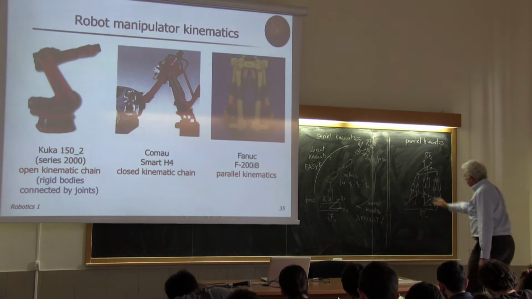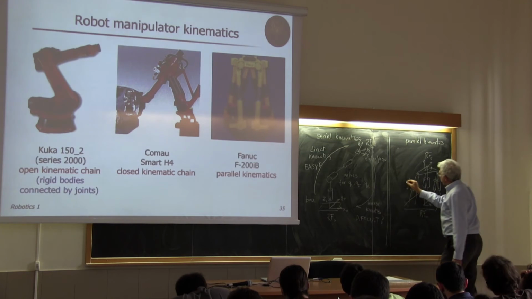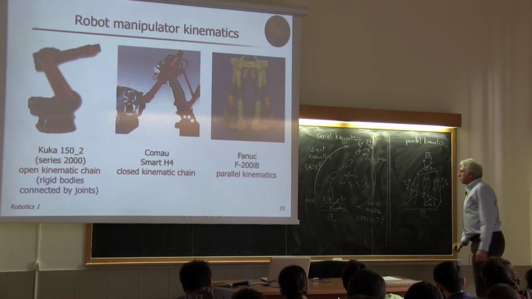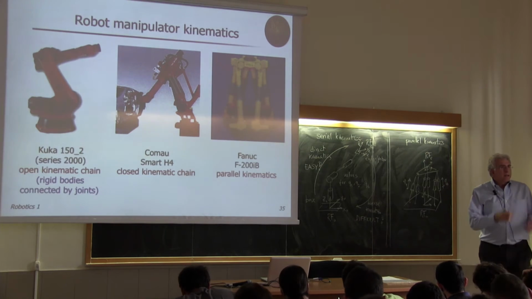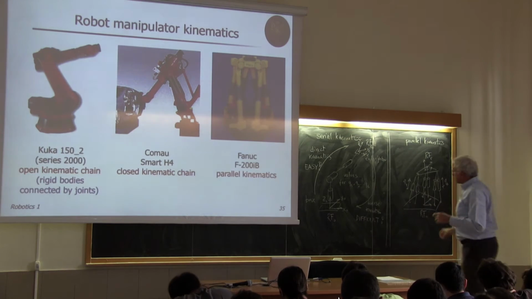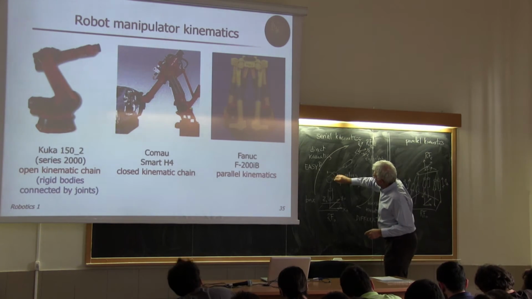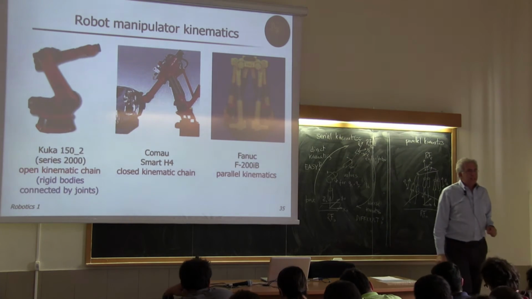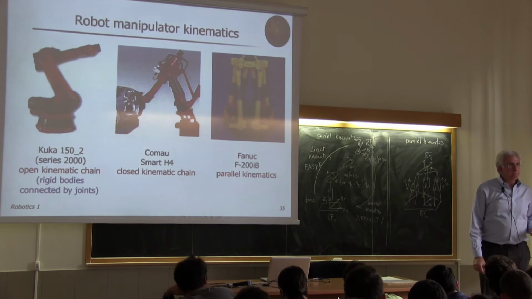And the value of these extended legs, Q1 to Q6, characterize the configuration of this robot. Exactly in the same way as the angle that we do around the joint axis for this serial kinematic chain.